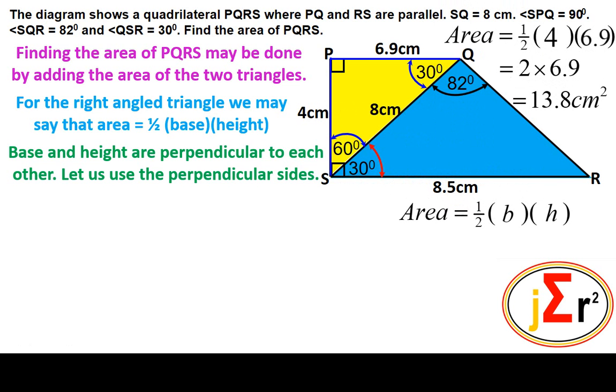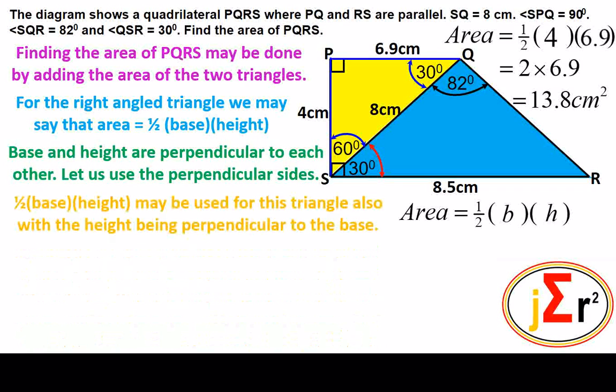What about the other triangle? Yes, on this occasion, we are saying that we are also going to use area is equal to half base times height. How do we do that? As long as what we have as the base is perpendicular to the height, then we are okay.